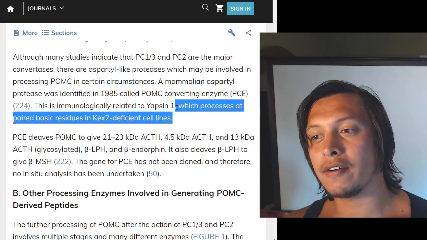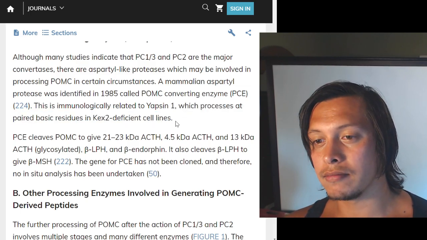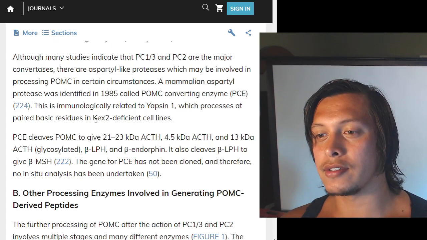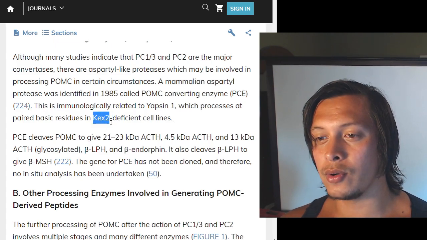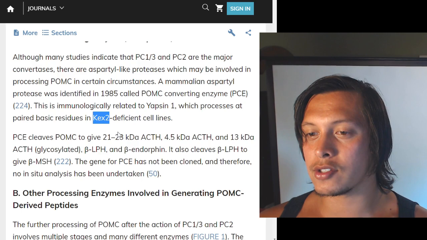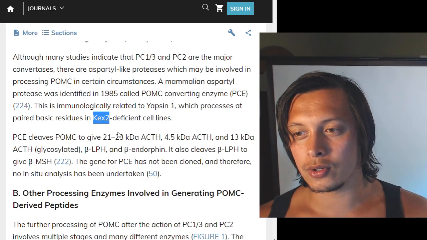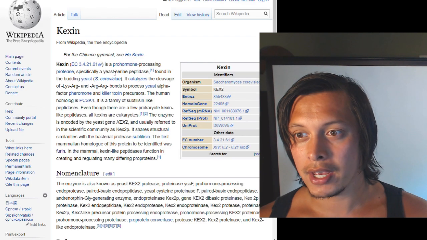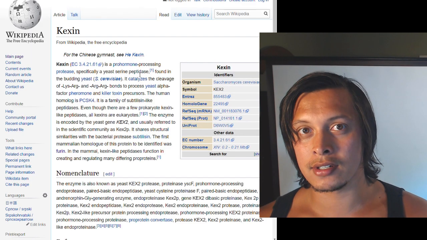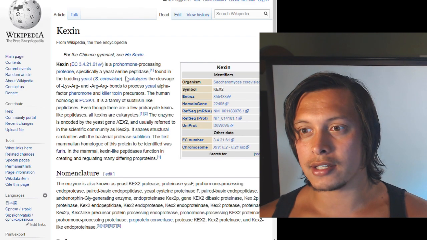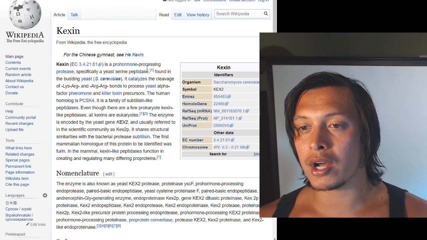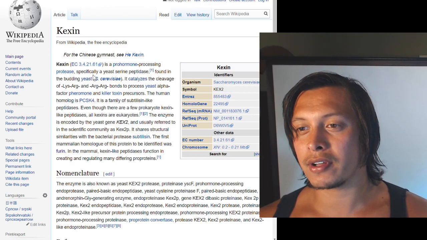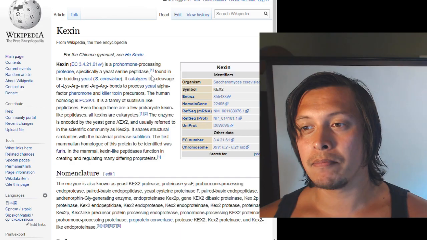So if you have a cell line that is KEX2 deficient, let's look up KEX2 just to see what exactly we're talking about. So kexin is also a yeast enzyme, a prohormone processing protease, specifically a yeast serine peptidase.